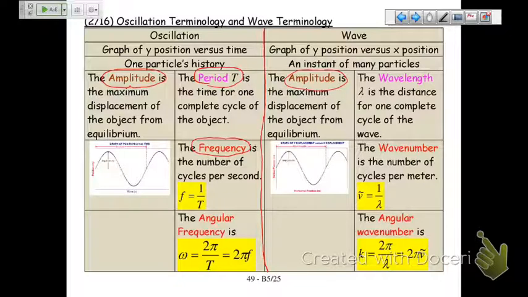So as the period gets longer, the frequency gets lower. And as the period gets shorter, the frequency gets higher. And you find that people switch backwards and forwards between the two all the time. They're really giving you the same information. Because frequency equals 1 over period. There's nothing else involved. So they're like saying the same thing in a different way.